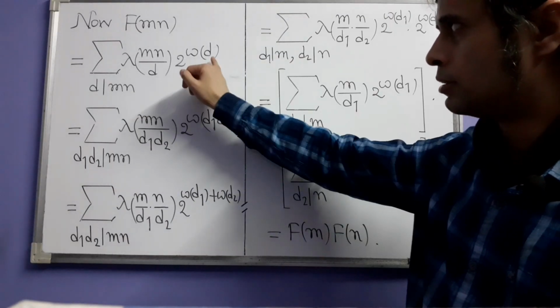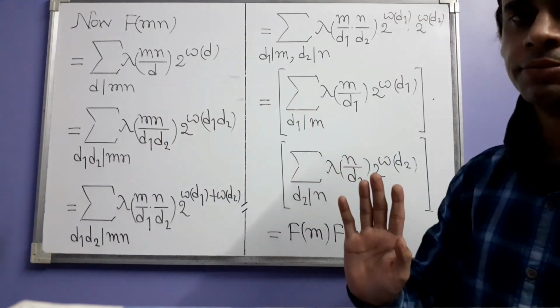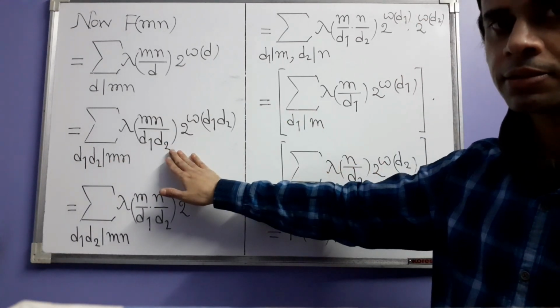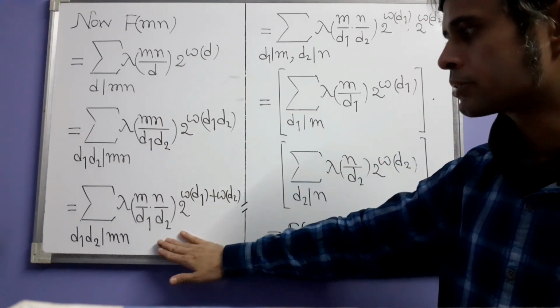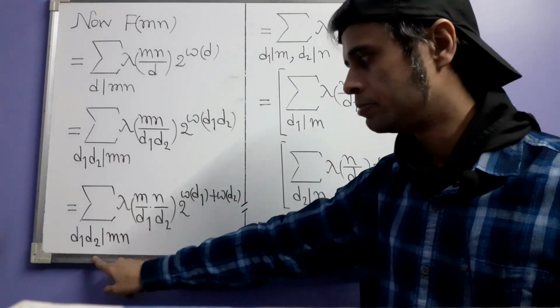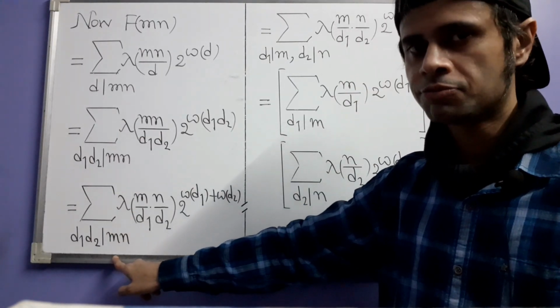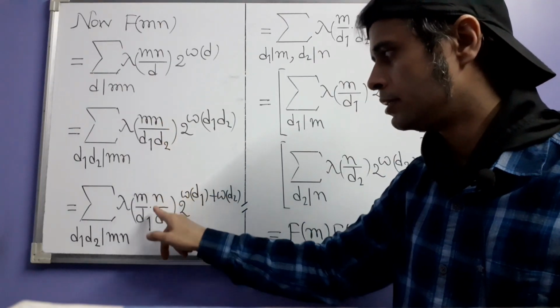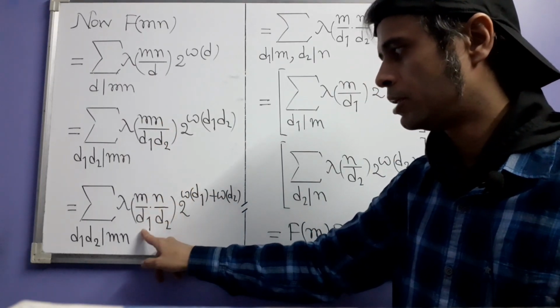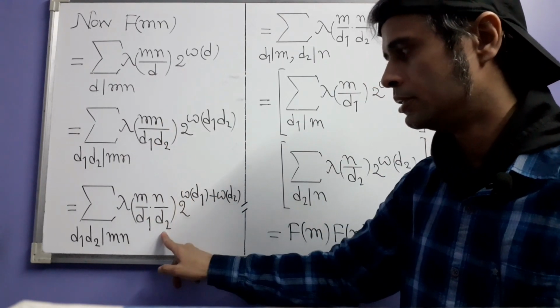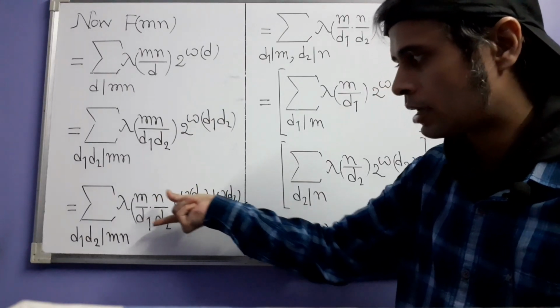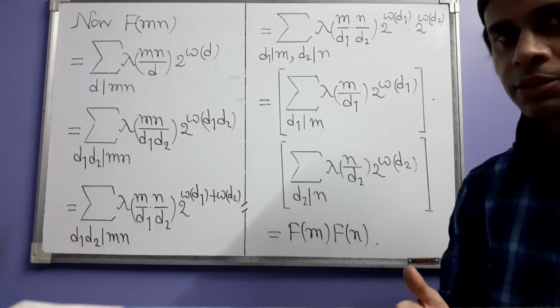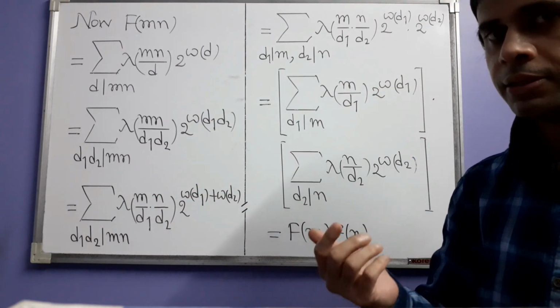So we replace d with d1 d2. That's what we do in this step. In the next step, we of course keep this condition as it is for now, and we write this ratio slightly differently as m divided by d1 times n divided by d2. Note that these two are integers because d1 divides m and d2 divides n.